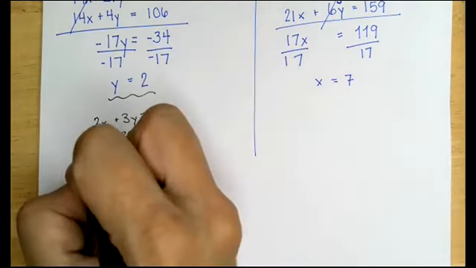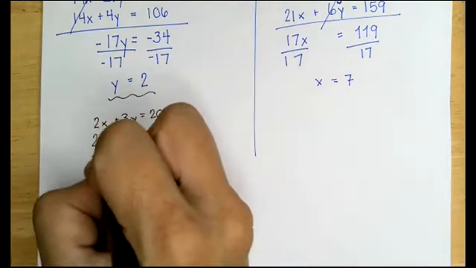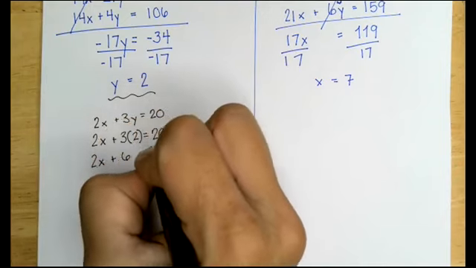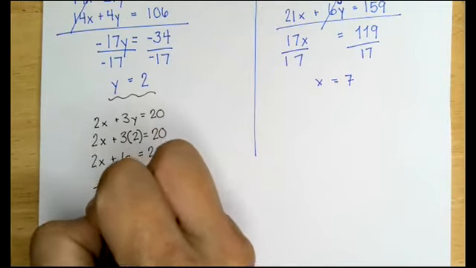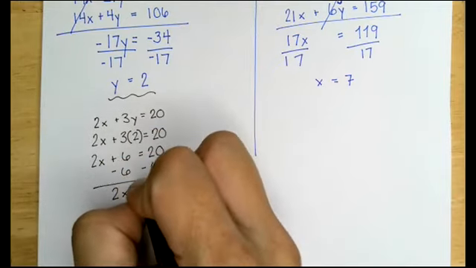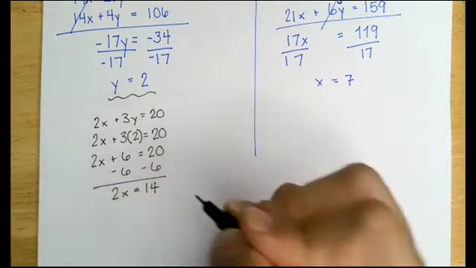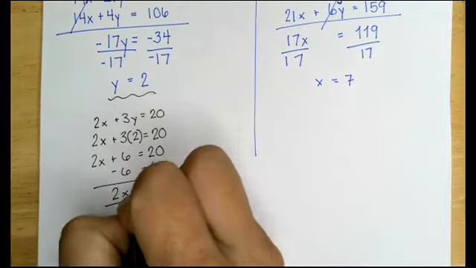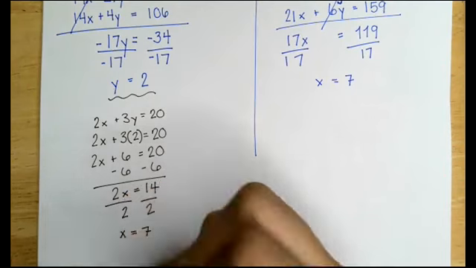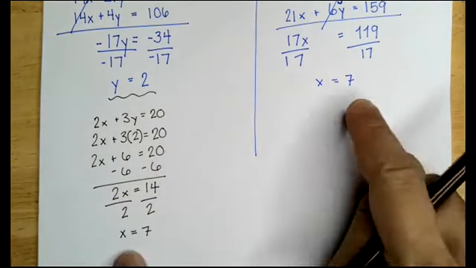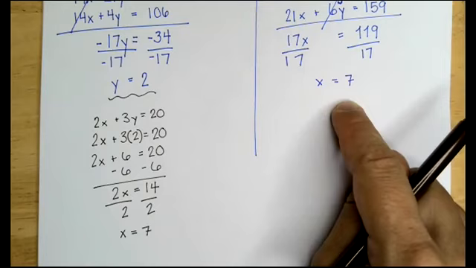So now we have 2x plus 6 equals 20, subtract 6. 2x equals 14. Divide by 2. X is 7. And you see that you get the same one as you got here.